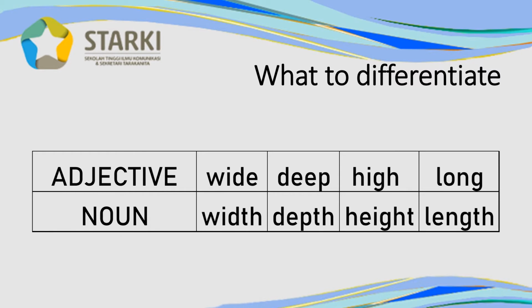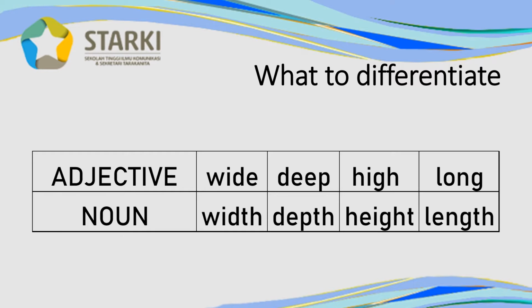what to use. Are you going to use adjective or noun? Because how you try to use adjective and also noun will be different. On adjective one, we say wide, but in noun, we say that as width. Deep for adjective, but depth in noun.